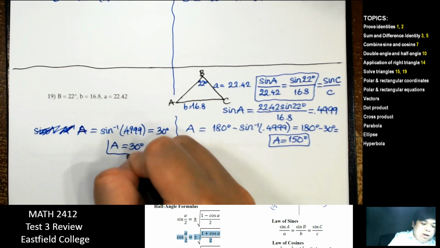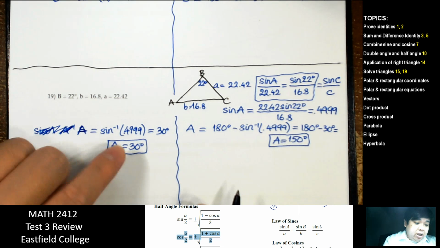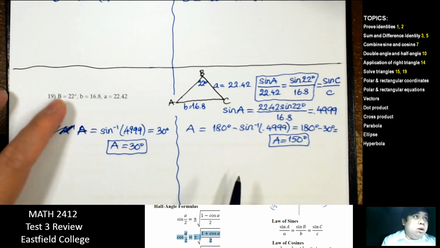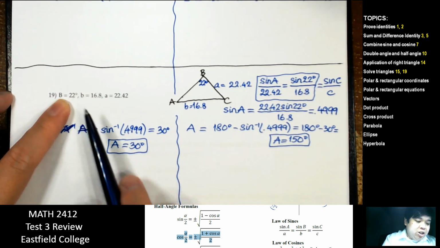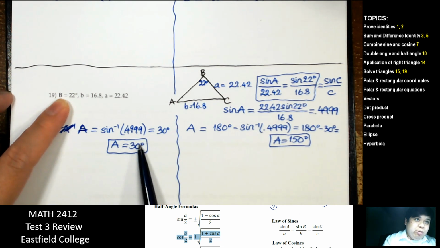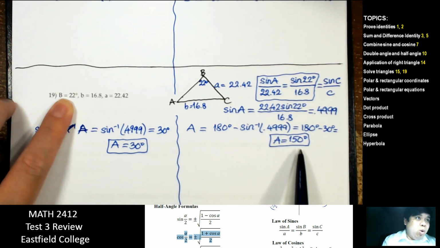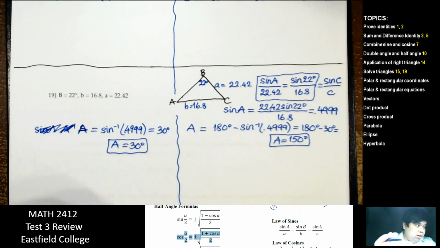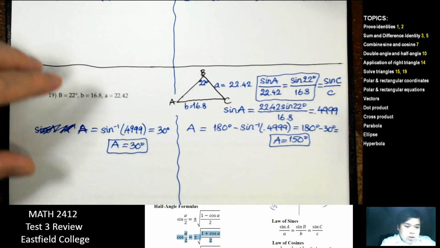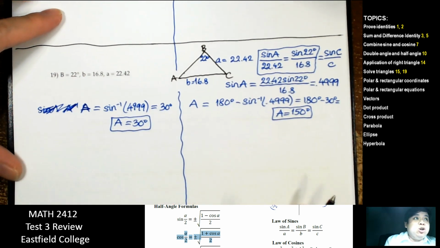Right. At this moment we see that B is 22 plus 30, so there will be a lot of room for angle C. B is 22, A is 150, we add up, that's still 172. We still have 8 degrees left for the third angle, so that's still fine. So in that case, we will have two solutions.